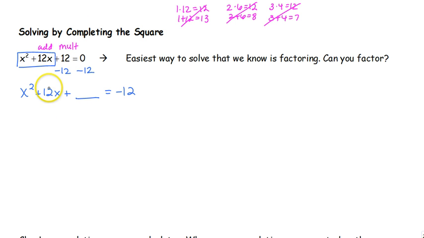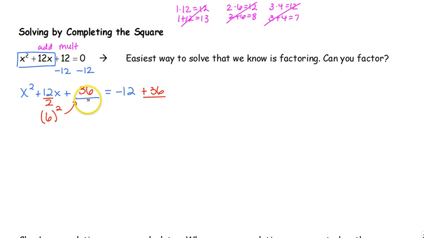So we take half of our middle term, half of 12 is 6, and then I square that, and our missing c value is 36. Now you guys know that anytime we add something or multiply by something, we have to do it on both sides just to make sure that our equations stay in balance. So if I'm going to add this 36 here, I have to add 36 on the other side as well. That way my equation stays in balance.